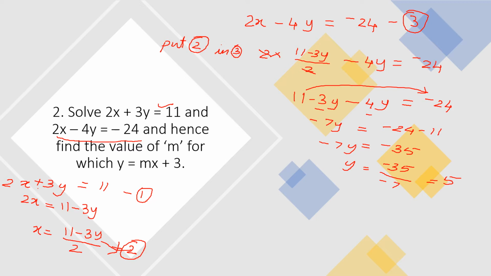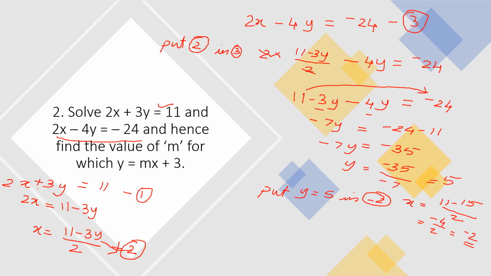Clear? Now you got y is equal to 5. So now we have to find the value of x. Put y equal to 5 in 2. In 2, you get x is equal to 11 minus 3 into 5 is 15, by 2. That is equal to minus 4 by 2 equal to minus 2.